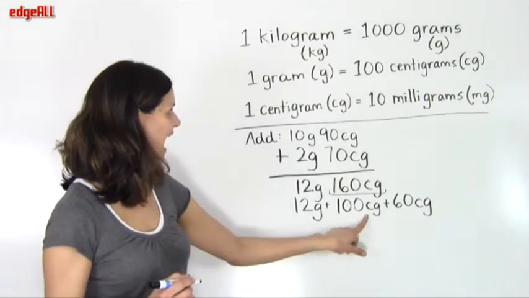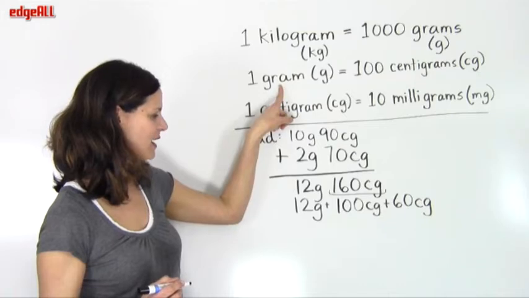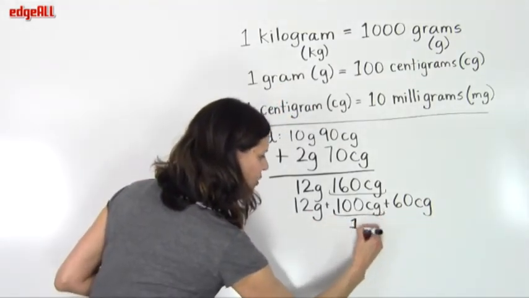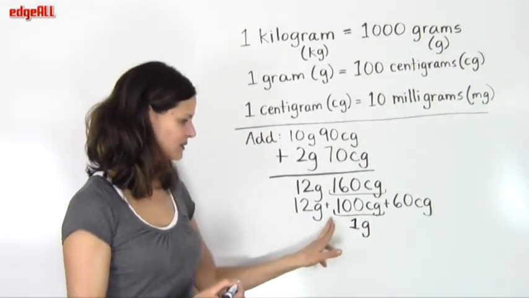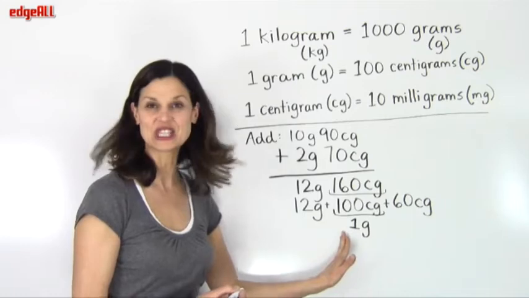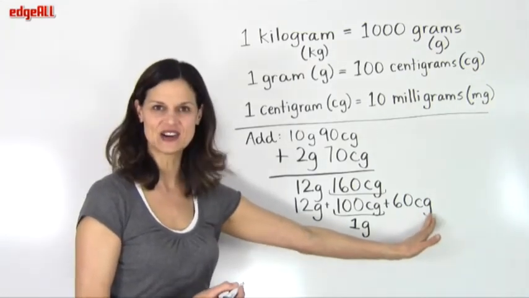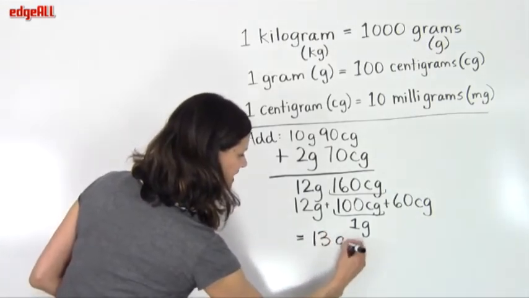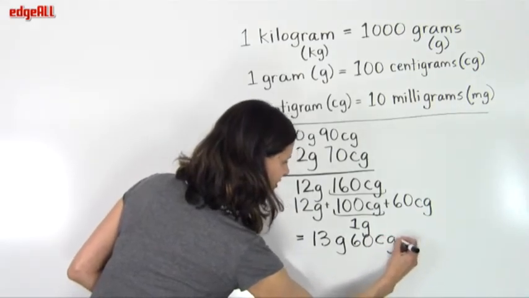And we know that 100 centigrams equals 1 gram. So I now can replace this 100 centigrams with 1 gram. So I now have 12 grams plus 1 gram is 13 grams plus the 60 centigrams. So my final answer becomes 13 grams, 60 centigrams.